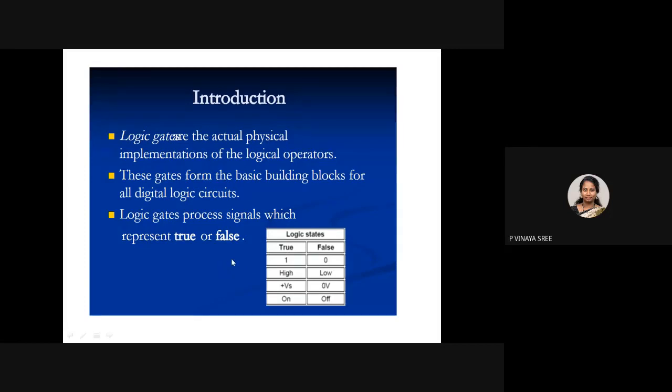For example, if you are at home and you want to turn on your fan, you switch it on, which indicates it is on. If you want the reverse, you switch off the fan. So on and off are digital signals that you are using.